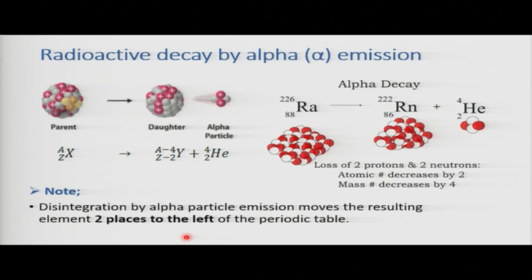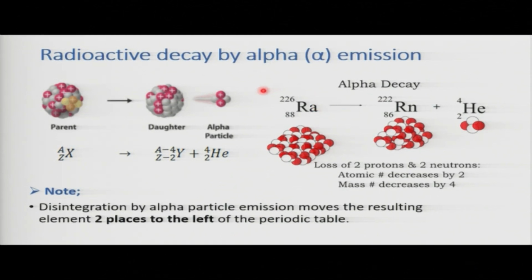So if the atom disintegrates by emission of an alpha particle, that is the helium, there are some changes that occur. Remember the definition of radioactivity: it's about spontaneous disintegration of bigger and heavier atoms to form lighter ones for more stability. So this is what happens.